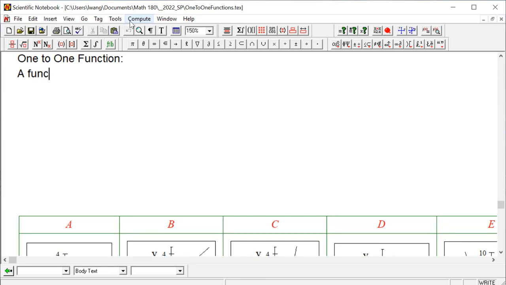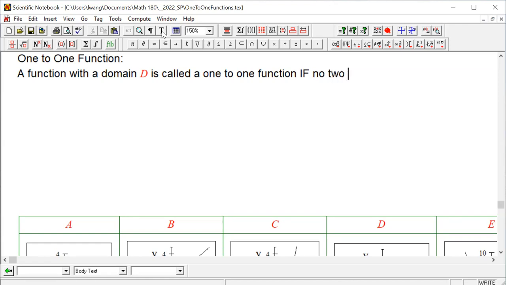A function with a domain D is called a one-to-one function if no two elements, remember we have changed elements, right?